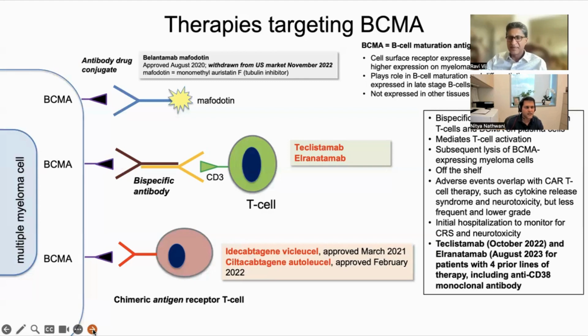And so this is a living therapy that can live for a long time in the body and provide, hopefully, long-term immune surveillance against the myeloma, but at the very least provide an initial wave of anti-myeloma immune activity where these T cells are recognizing the myeloma cell through that antibody expressed on the surface.